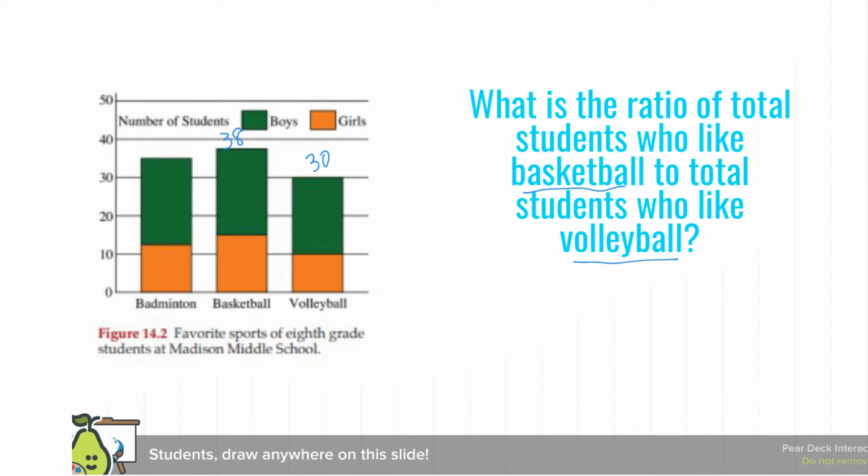So if we set up the ratio with the 2 being our colon, then we have 38 colon 30. And you do want to go ahead and simplify that. So they can both be divided by 2. And that would be 19 to 15. And I believe that's as far as you can go.